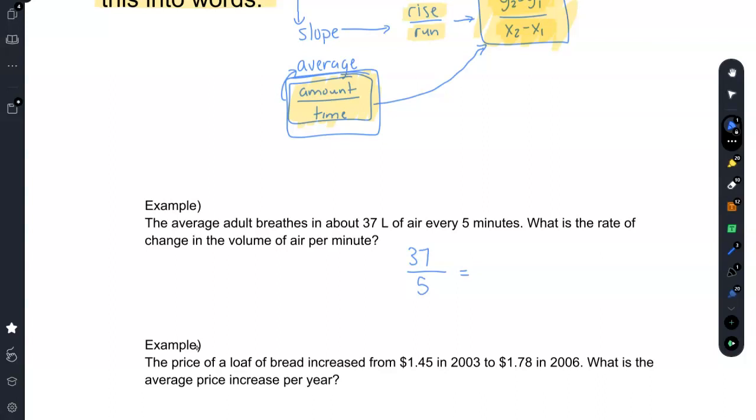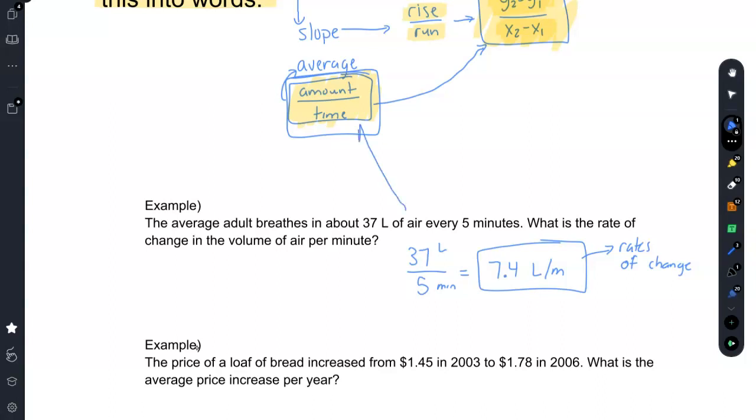I'm just going to turn this into a decimal. 37 divided by 5 gives me 7.4. If I put my units, this was liters per minute, it's still going to be liters per minute. So my rate of change is 7.4 liters per minute.